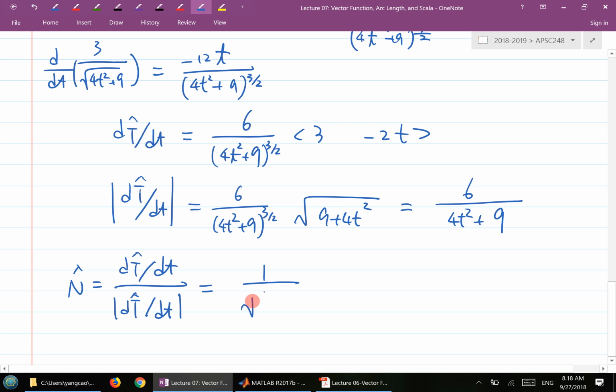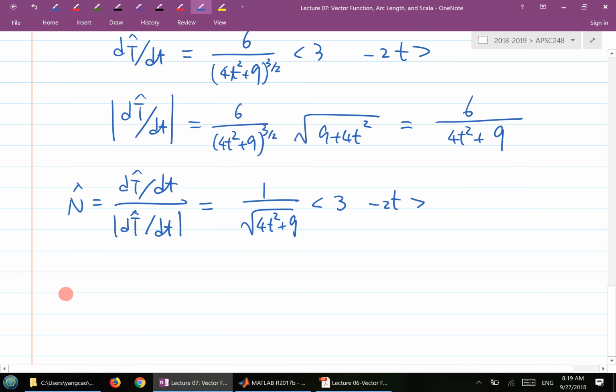Calculate carefully, and you'll get that's your N hat, the unit normal vector. So I'll leave one exercise for you to do. What is the binormal vector?